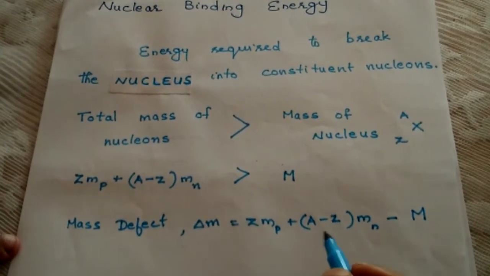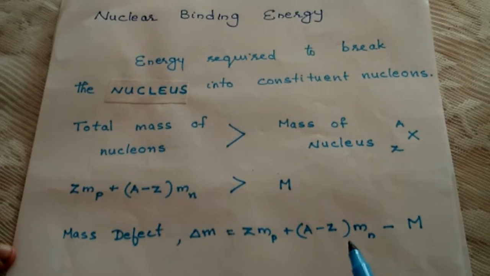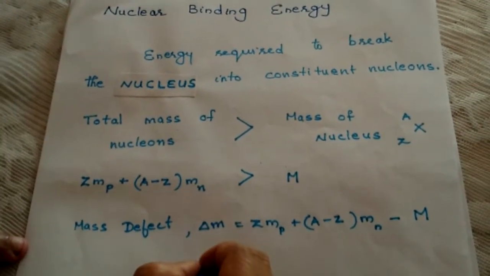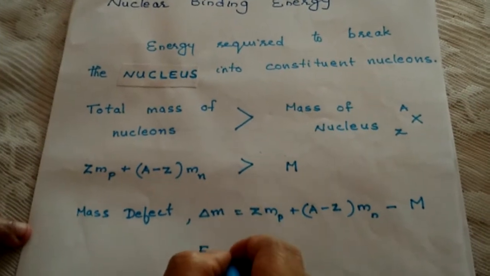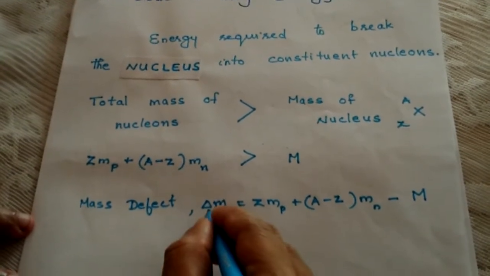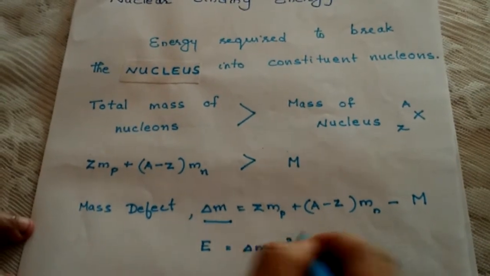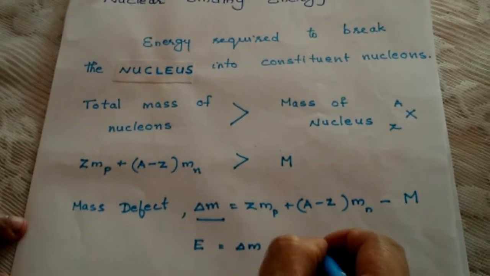And this difference in mass is converted to energy according to Einstein's mass energy relation. Einstein's relation is E equal to mc square. Here mass is delta m, so delta m into c square. This much of energy is produced.